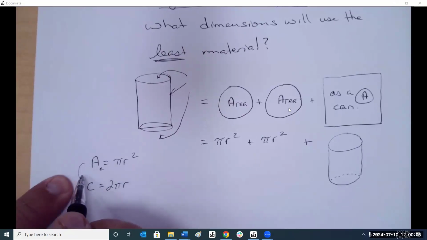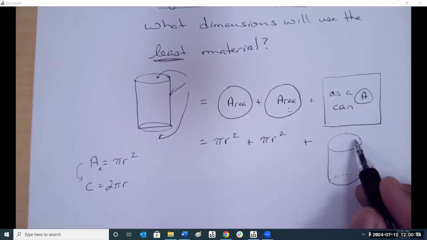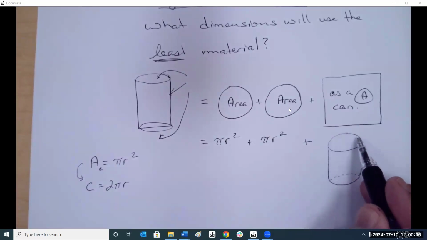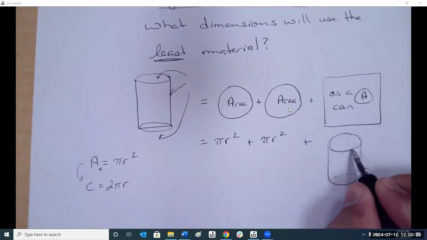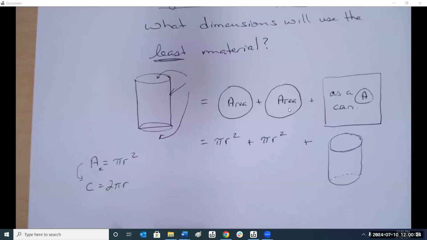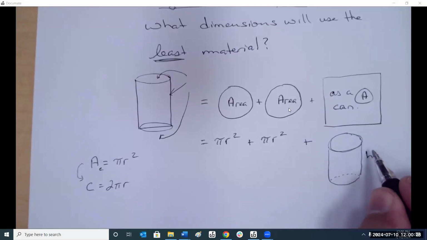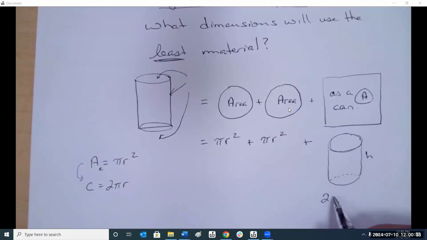The derivative of the area is the circumference. So we have the circumference of this circle. What are we missing? What else do we need? How high is it? So it's 2 pi r h.